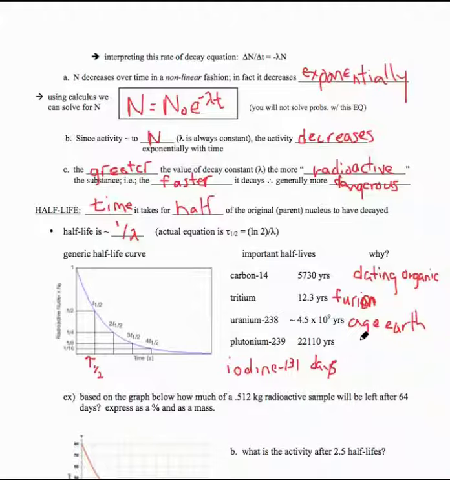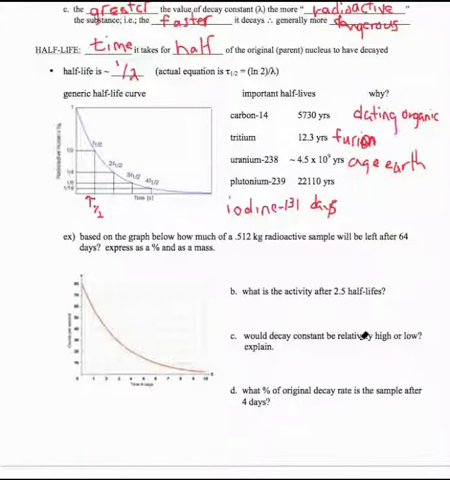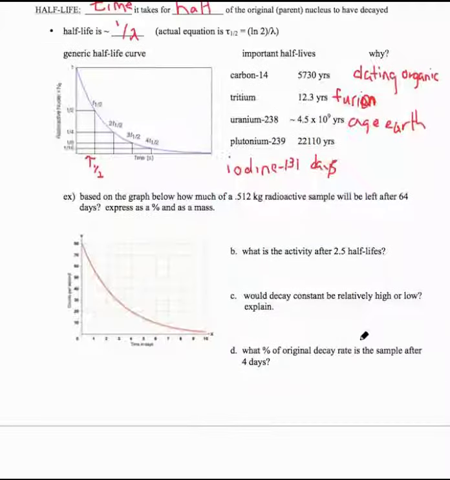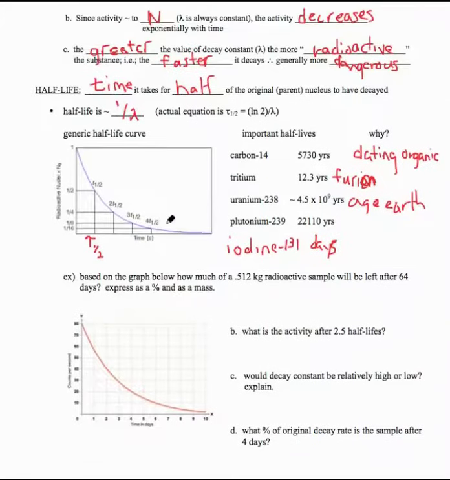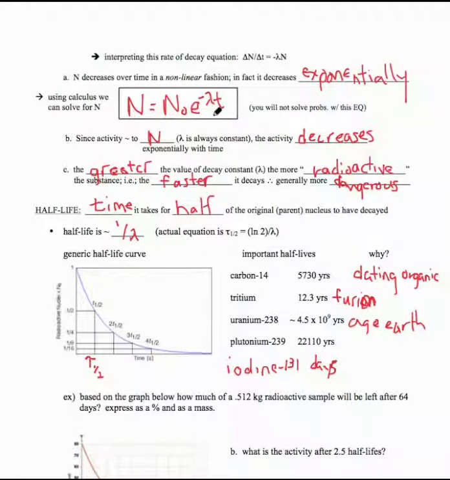So let's look at the graph of this a little bit more, a problem, and we'll be done with this. Based on the graph below, how much of a 0.512 kilogram radioactive sample will be left after 64 days, expressed as a percentage and as a mass? We're not going to use that nice looking equation up here; we're not expected to.